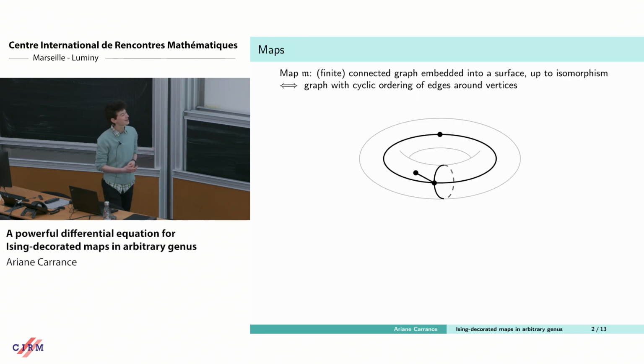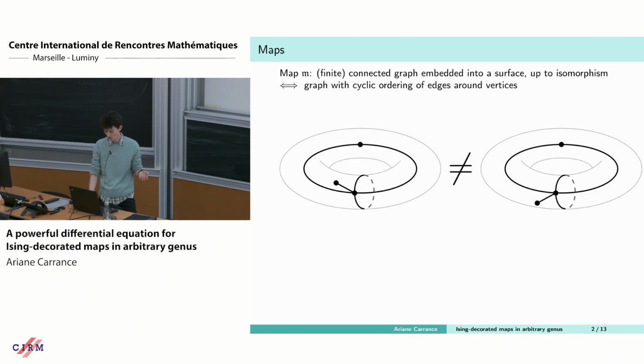I'm sure that many people here know what maps are, but just to define things once again. A map is a finite connected graph embedded into a surface. So here, for instance, you have an embedding into the torus, and it's up to isomorphism. This means that additionally to the graph structure, you have the information of the cyclic ordering of the edges around the vertices.